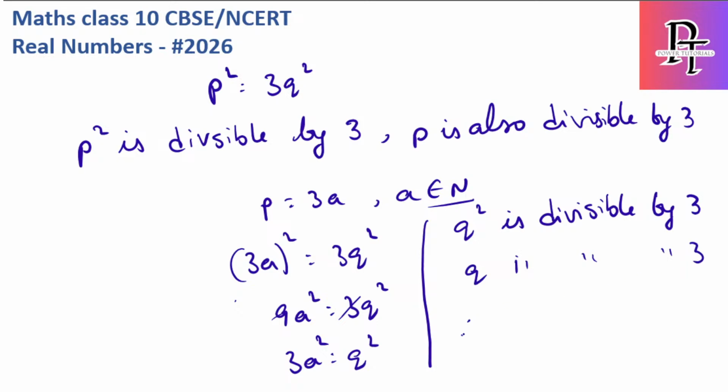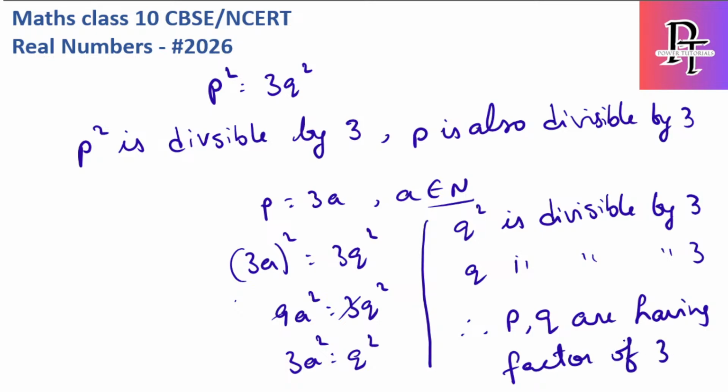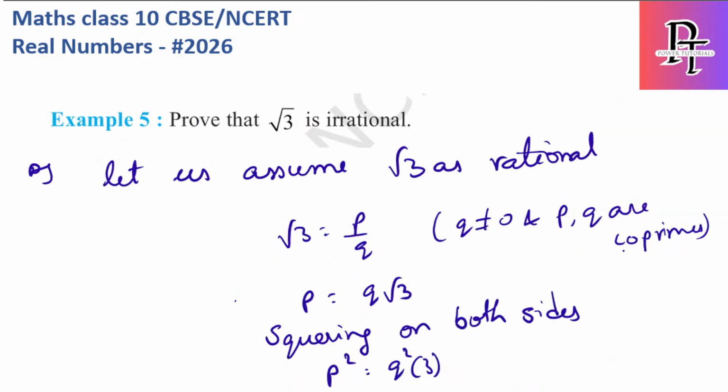So it is stating that p, comma, q are having a factor of 3. So if two numbers are having a common factor, it will not become coprimes. But what is our assumption? p, comma, q are coprimes.